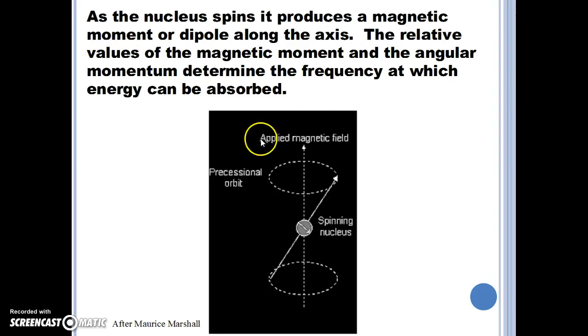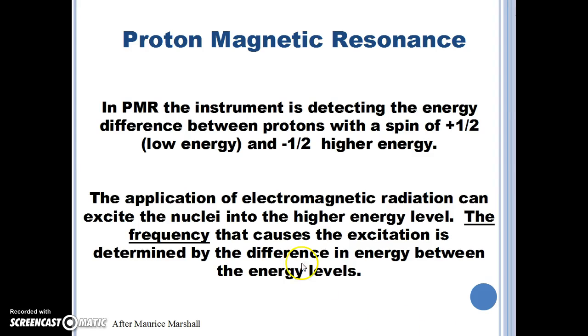The nucleus spins and produces a magnetic moment or dipole along the axis. And the relative values determine the frequency at which energy can be absorbed. In proton magnetic resonance, the instrument is detecting the energy difference between a +1/2 or low energy spin and a -1/2 higher energy spin.